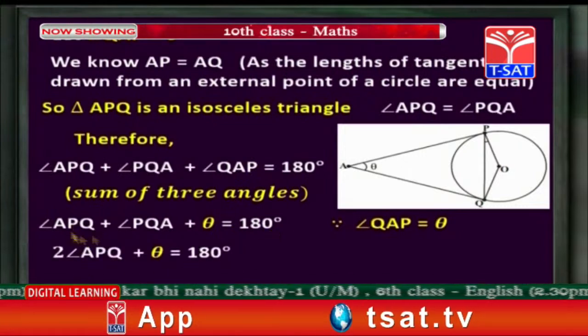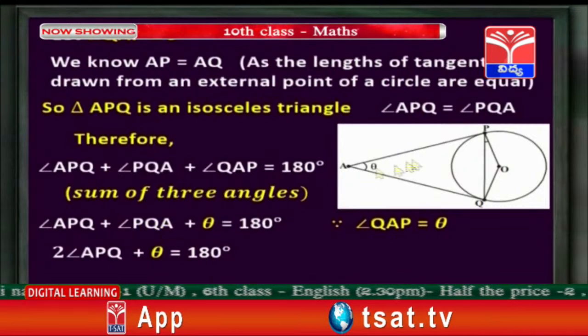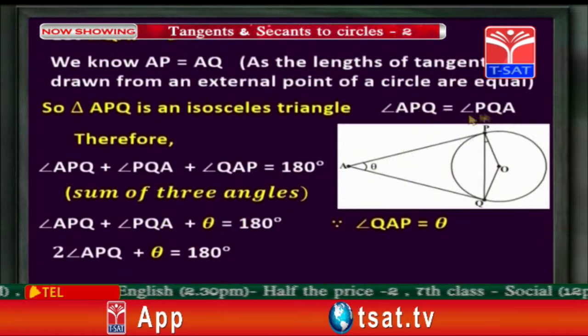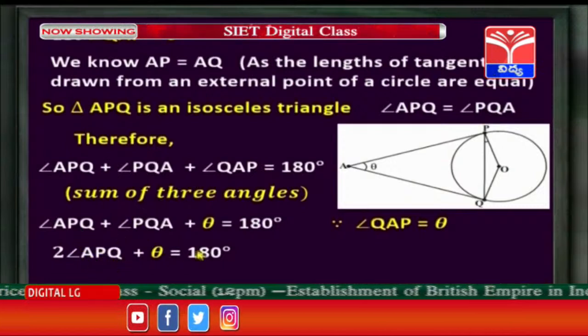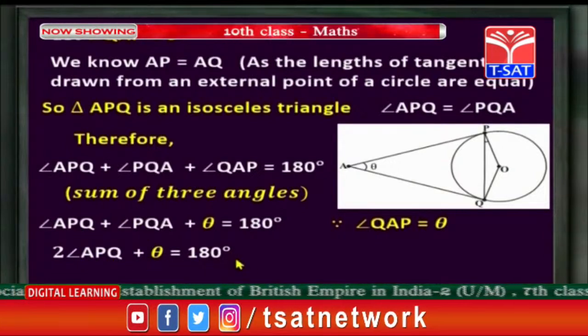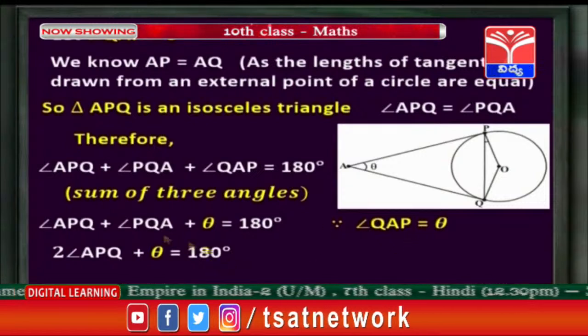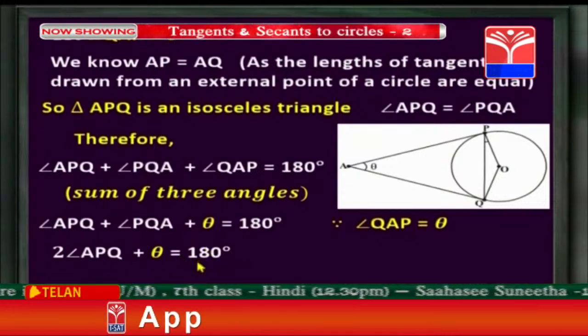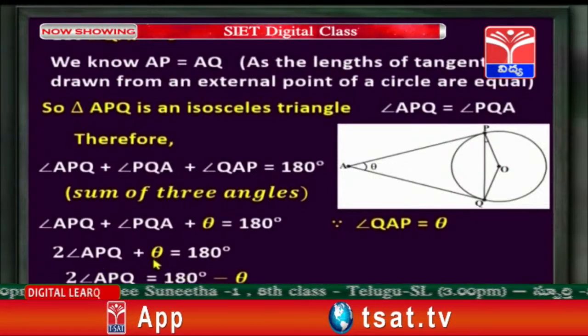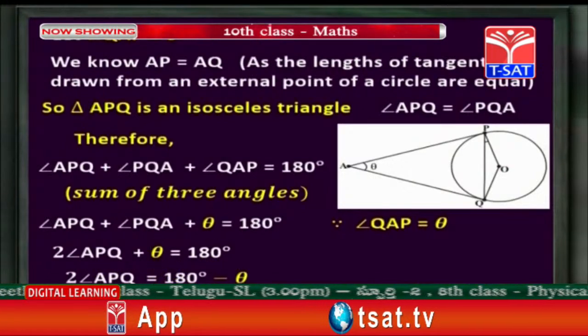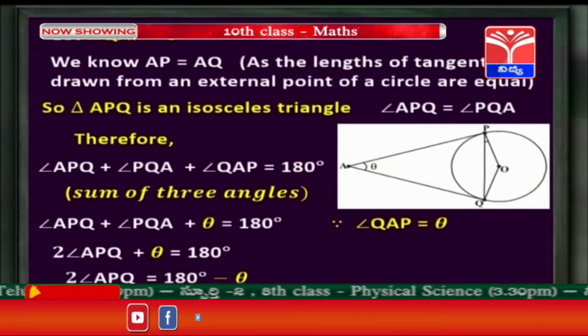Now, APQ and PQA are both the same. So, APQ is equal to PQA. Then I can write 2 APQ plus theta is equal to 180 degrees, which I can write as 2 APQ is equal to 180 minus theta, sending theta to the right hand side.